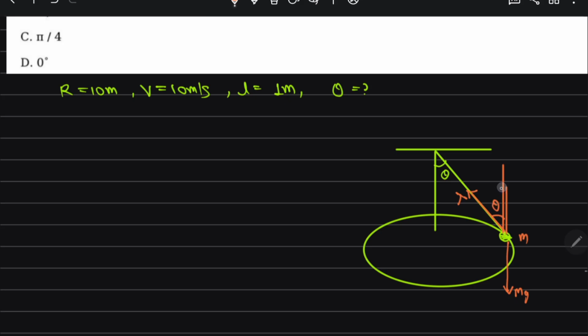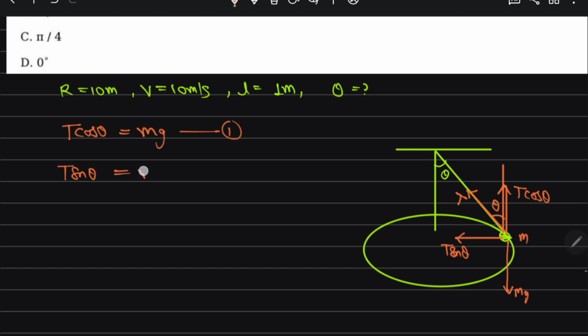So if I resolve this, this is T cos theta, here T sin theta. So here I say T cos theta is equal to mg. This is our equation first.